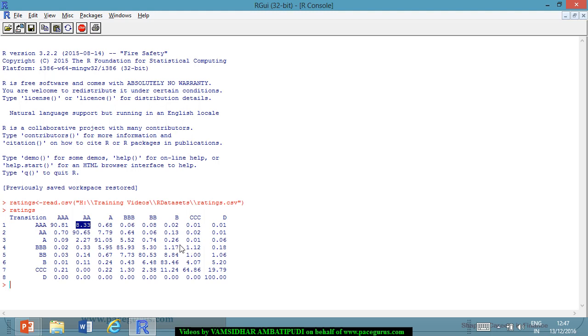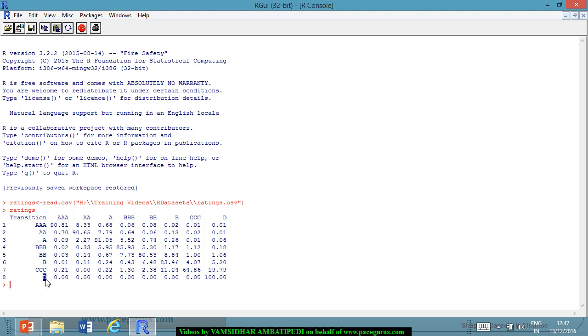Now based on this matrix, I want to find out what credit spread needs to be charged for each of the ratings. Obviously D is a default state, it's an absorbing state.